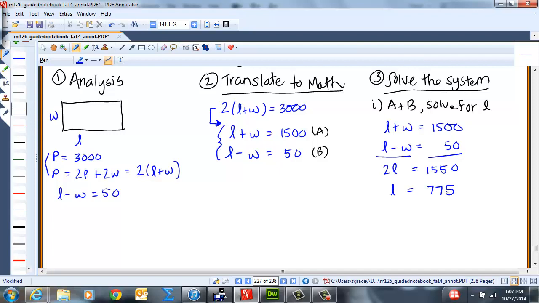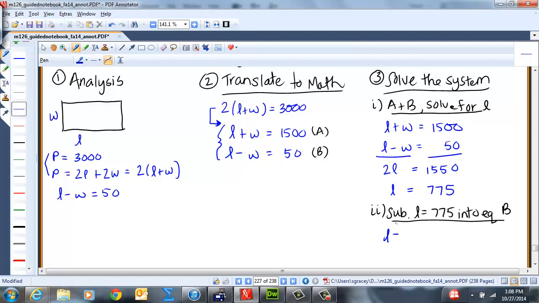Okay, so far? Good. Now, what would our next step be? Good. We just need to pick one of the equations, and we're going to substitute L equals 775 into which equation? It doesn't matter. Why don't we do equation B looks good. Okay, so here we go.